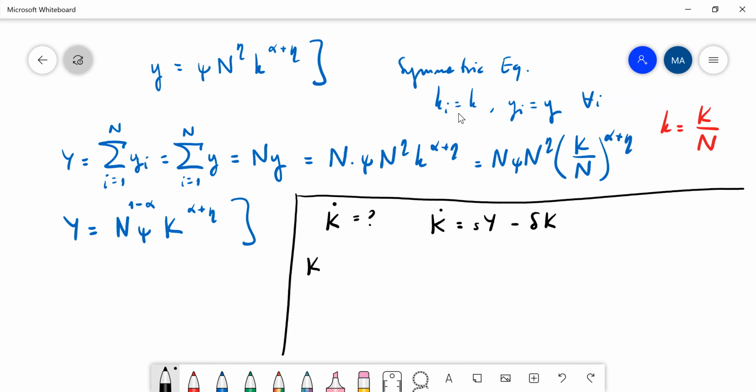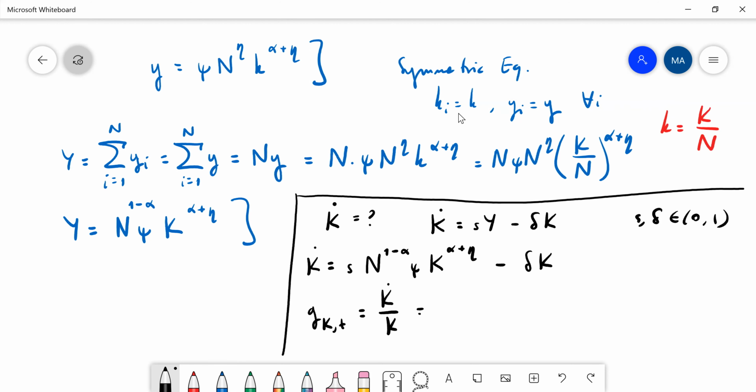All right, so we have k dot equals s times Y, so s here is the saving rate, delta is the depreciation rate. So s times Y. What is Y? Y is n to the 1 minus alpha C K to the alpha eta minus delta K. And the growth rate of K is simply s n to the 1 minus alpha C K to the alpha plus eta minus 1, minus delta.